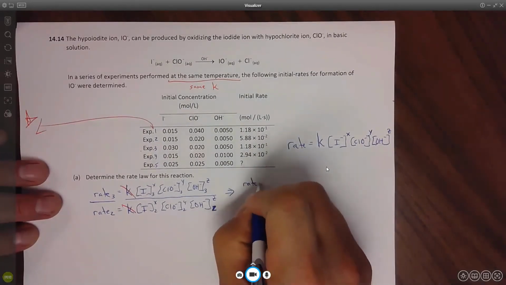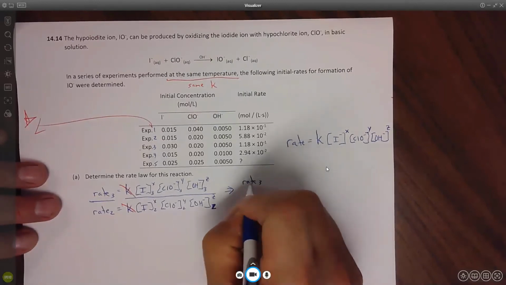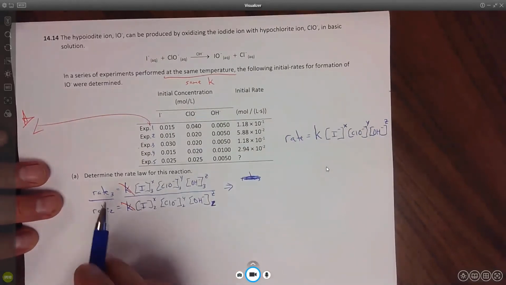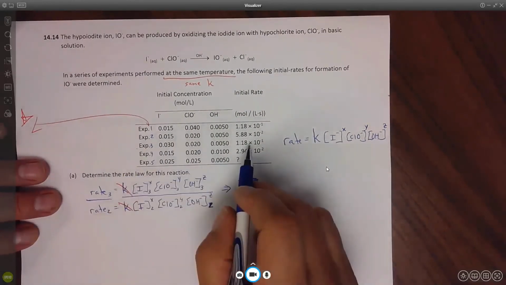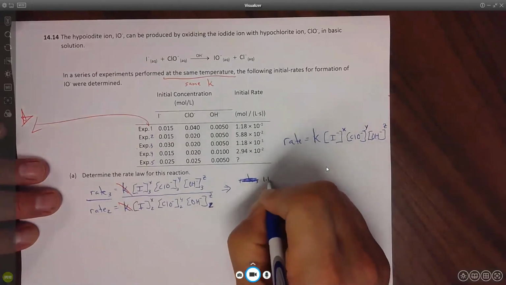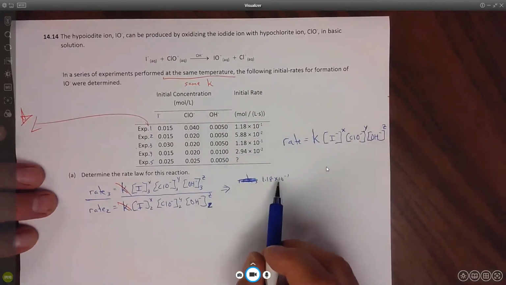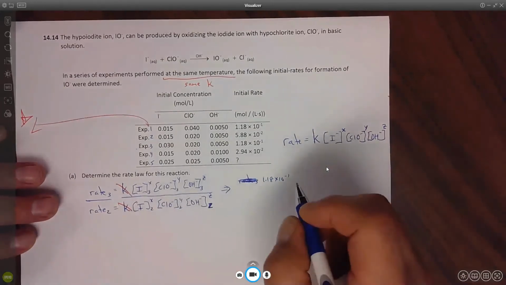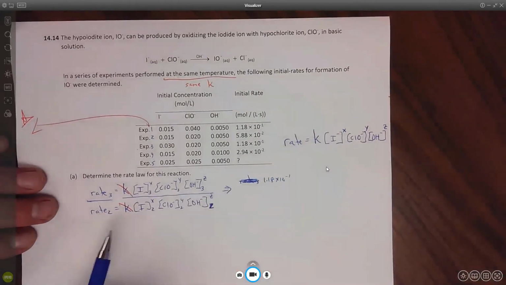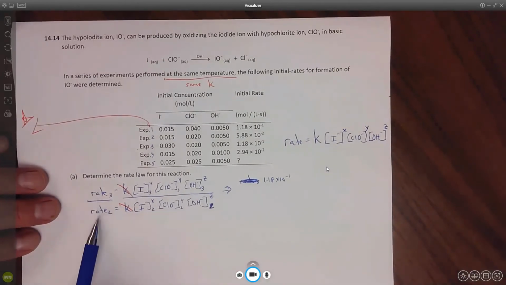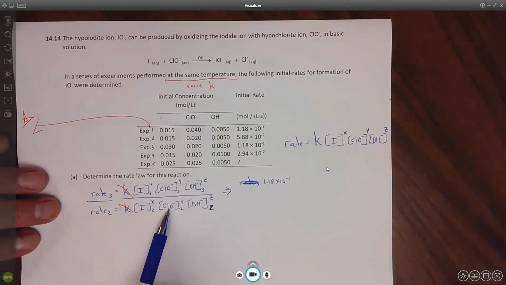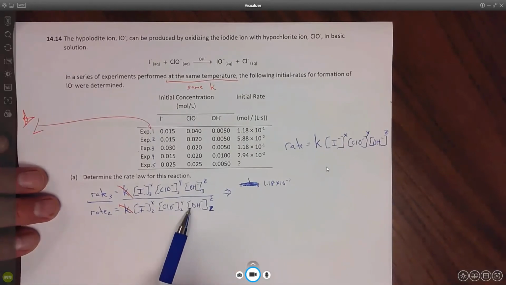So now, rate 3 over, well, let me actually put in the numbers. Rate 3, that's this number here, 1.18 times 10 to the negative 1. And I could see that the units are going to cancel. Does everybody see that? Because each one of these always has the same units, they're always going to cancel.